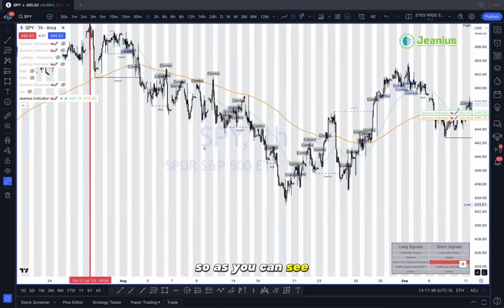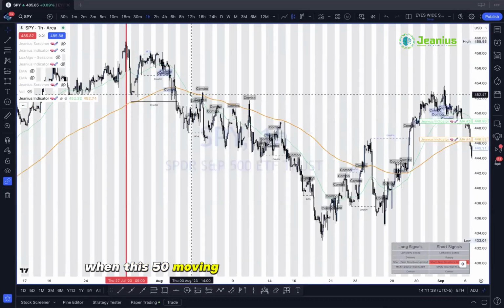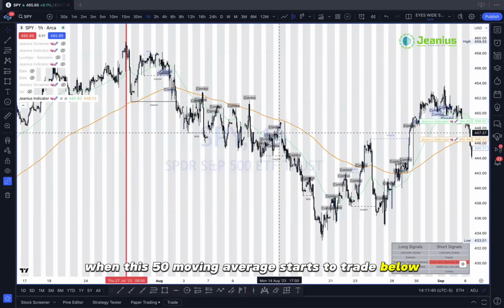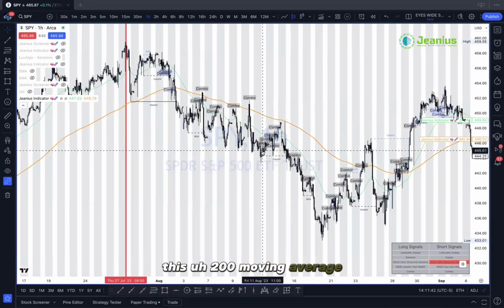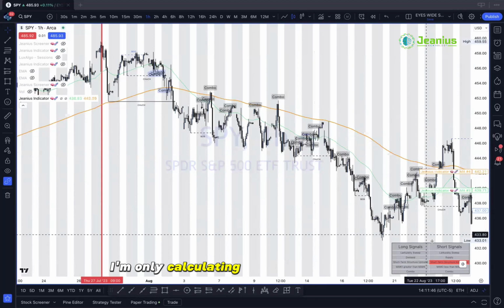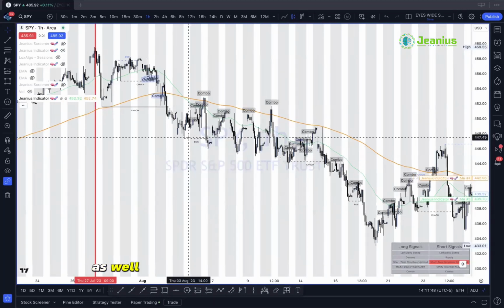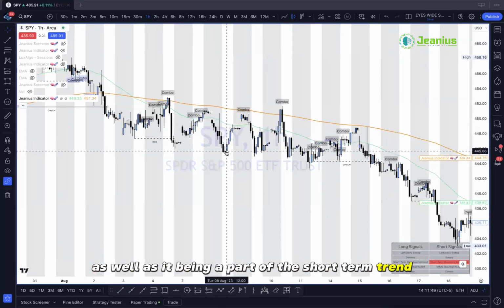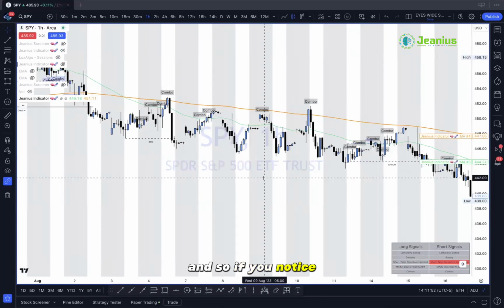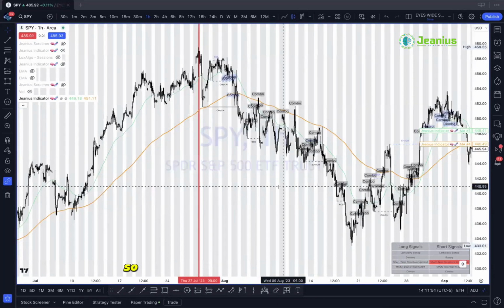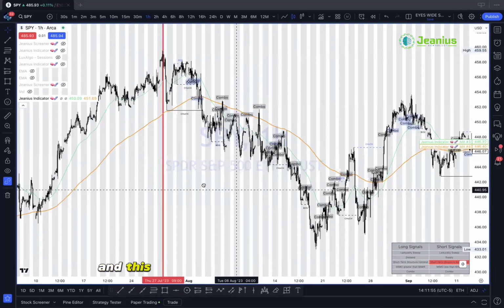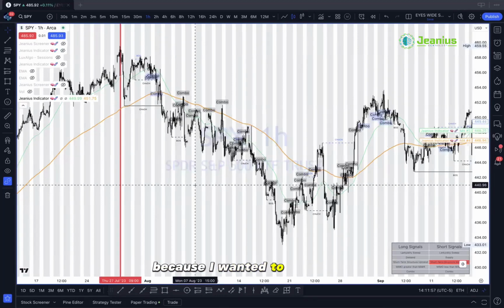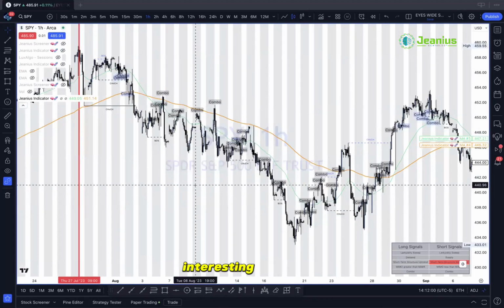So as you can see, when this 50 moving average starts to trade below this 200 moving average, I'm only calculating sell signals right now, as well as it being a part of the short-term trend. And if you notice on a smaller time frame, this is why I say time frames matter. This is why I broke to a smaller time frame, because I wanted to show how interesting this looks.